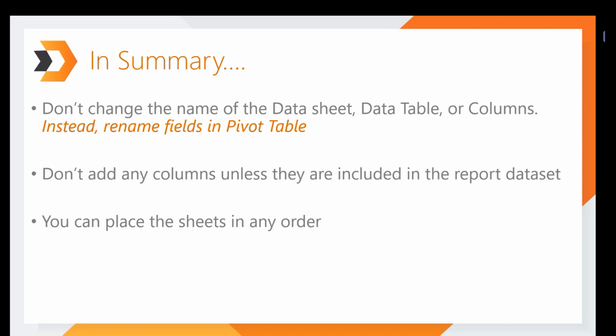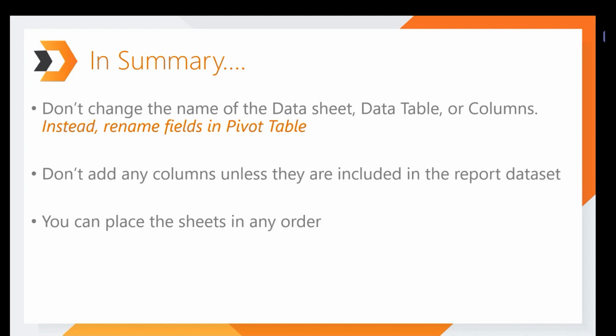So let's say you create an Excel report layout and you had us add some custom fields. Instead of having to recreate the entire Excel report layout, we could tell you where that field needs to go, which would typically just be on the end. Otherwise, don't add any columns within your data sheet.